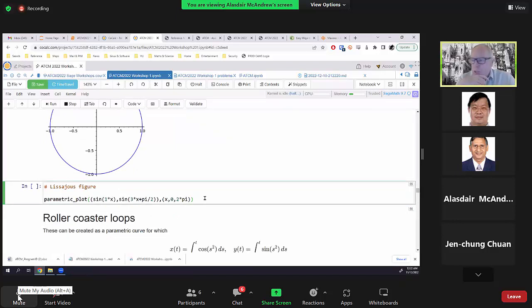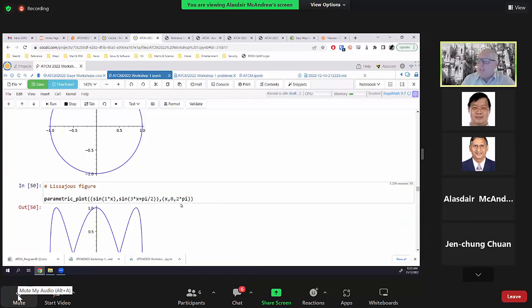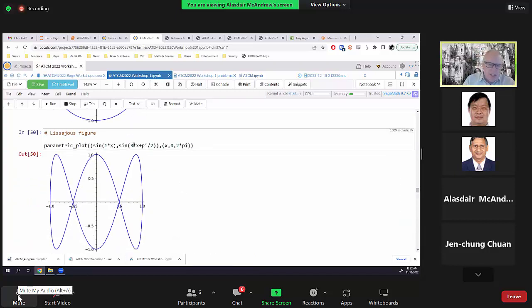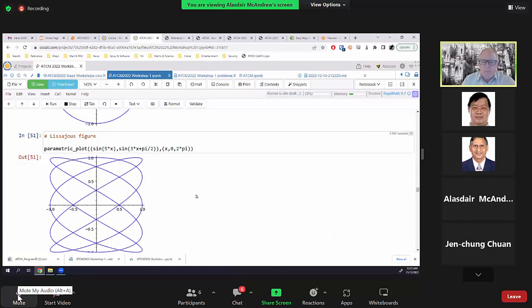And the famous Lissajous figures, when you use sine times one thing and sine times something else. So this is very similar to the Australian Broadcasting Corporation symbol. You can change that to something else. Let's make that 5. And we get this beautiful thing.